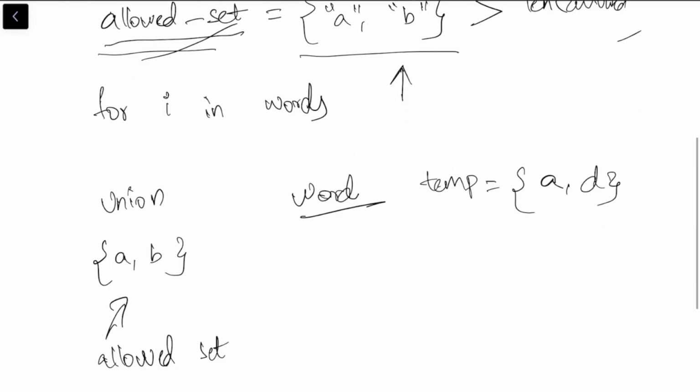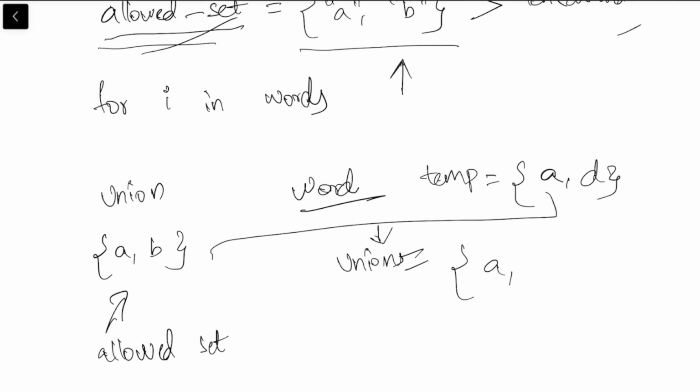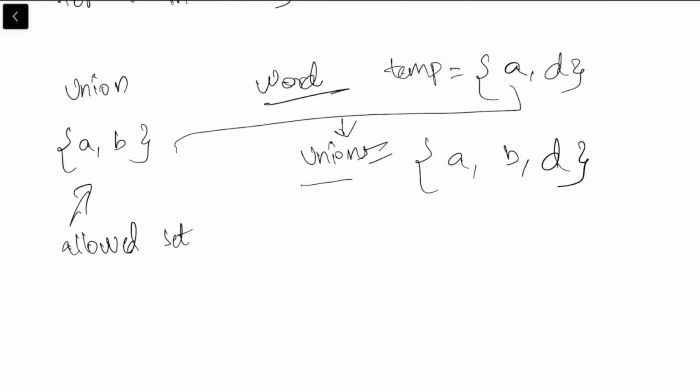Now we'll union these two sets. What will be the result? A, B, D. But the union's length should always be less than or equal to 2, because the allowed set has only two letters.